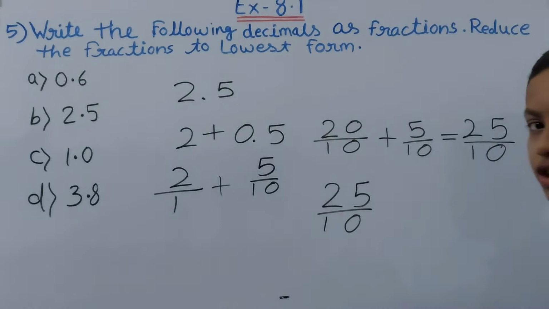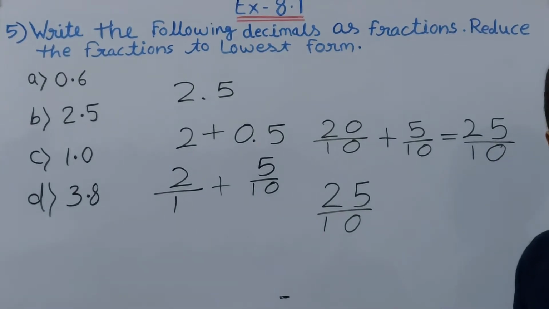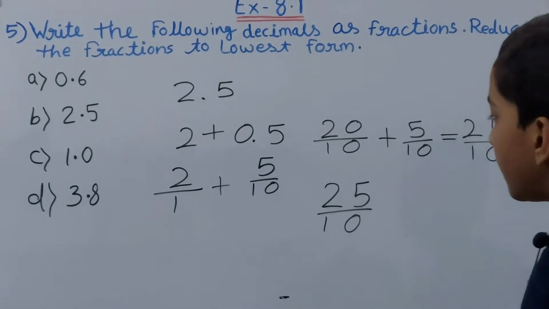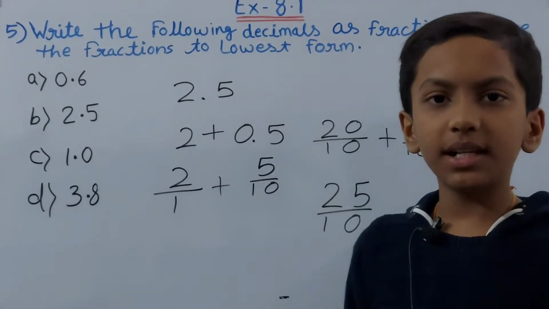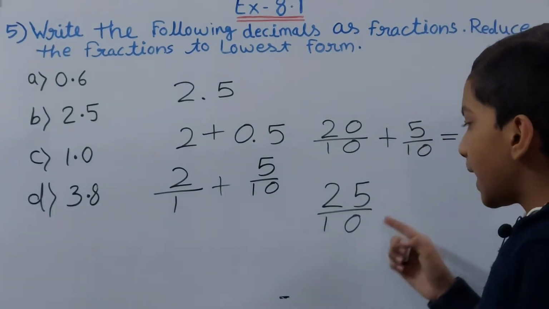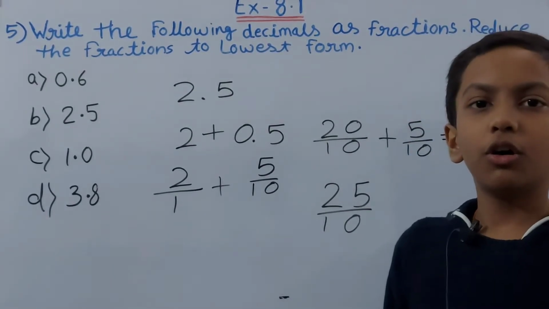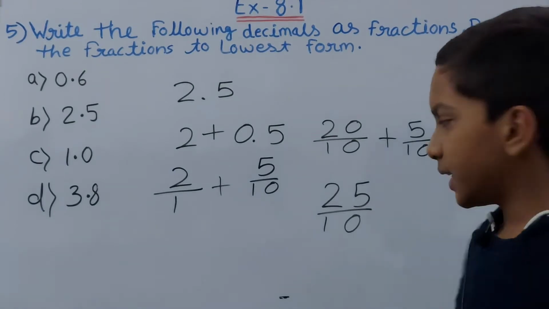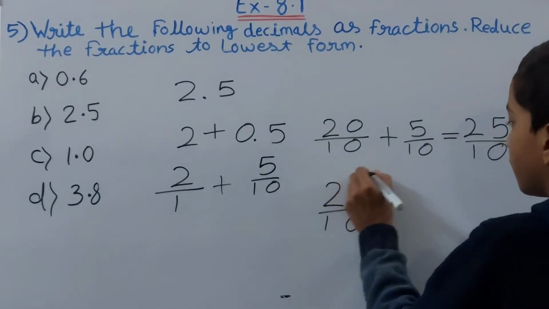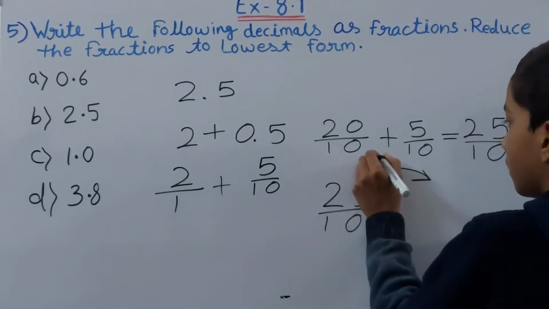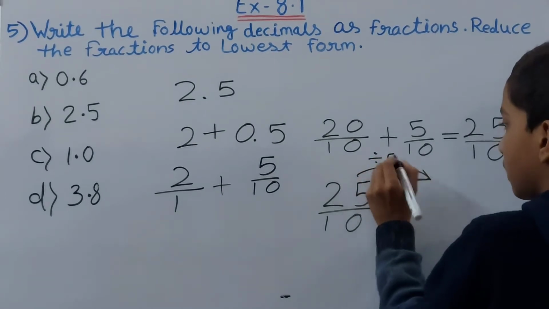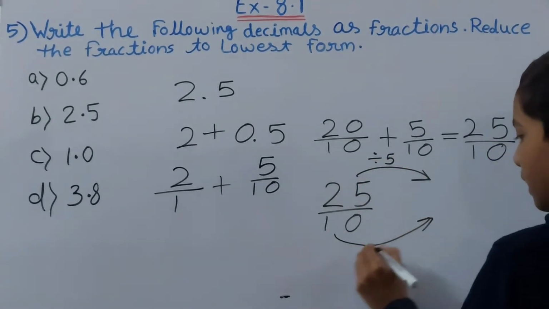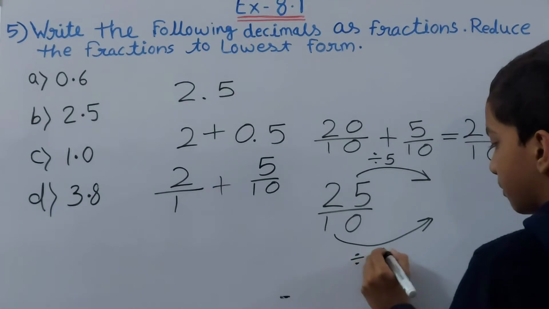Now, as we have done the first step, which was to convert into a fraction, let's simplify. Let's look for a common divisor of 25 and 10 both. We will take 5. 25 is divided by 5 and 10 is divided by 5.